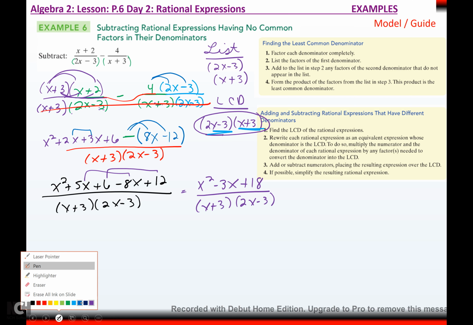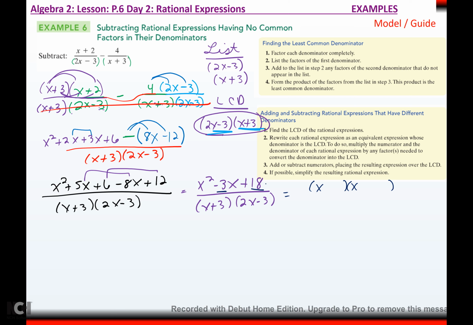So we've done the subtracting. Now we just have to factor the top and see if they cancel with anything on the bottom. The top should be an easy factor. A is 1, so x times x is x squared. Factors of 18 that'll make 3 would be 6 and 3. Since C is positive, they both will get the minus. And on bottom we have x plus 3.